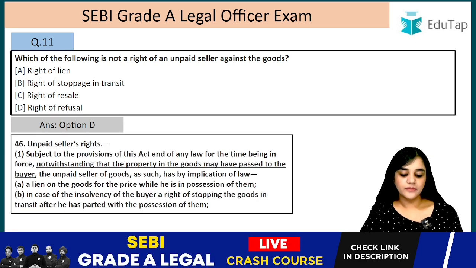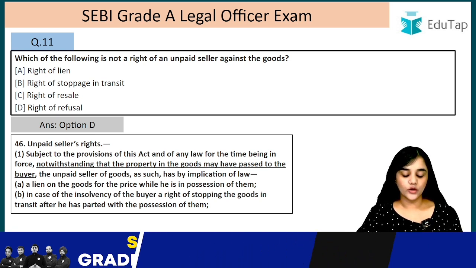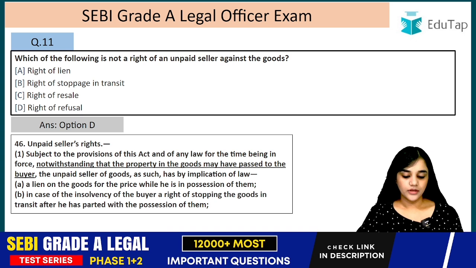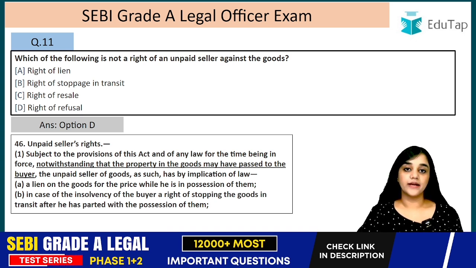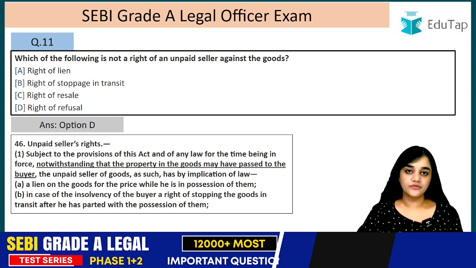Unpaid seller's rights: subject to the provisions of this act and of any law for the time being enforced, notwithstanding that the property in the goods may have passed to the buyer. So it does not matter whether the ownership has been transferred or not, right?